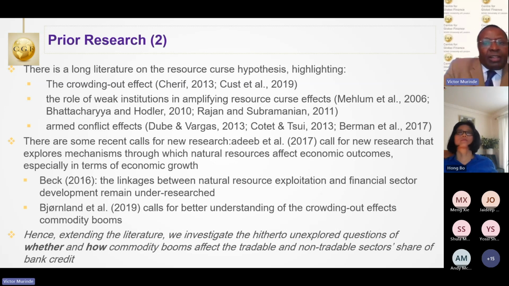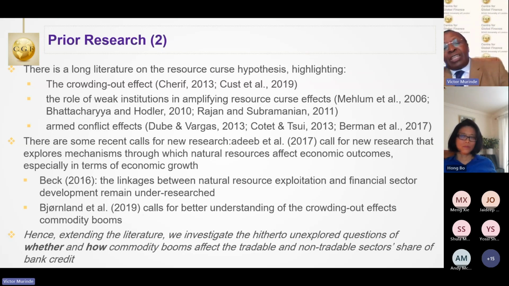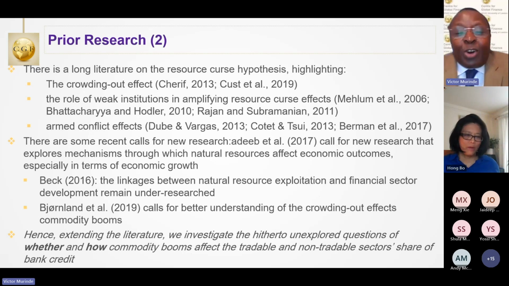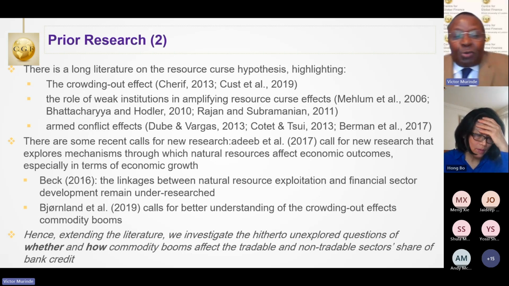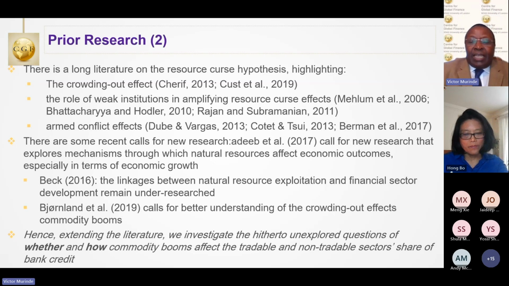But there is also the finding that looks at the natural resource curse in terms of fragility, in terms of leading to armed conflict. And actually this paper said that the mine is mine, meaning the mine of minerals is mine, leading to conflict, armed conflict and economic fragility, and this has been documented.